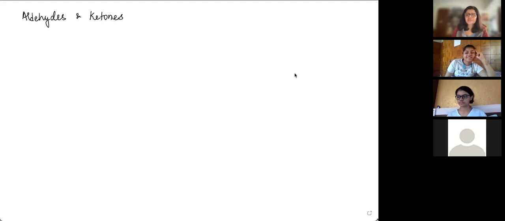So aldehydes, ketones, how do you define aldehydes, ketones? What functional group is this? It's a carbonyl group. So ketones is only a carbonyl group. Aldehydes is a carbonyl group plus a hydrogen. So when this group is at the end of the chain, ends with hydrogen, then it's an aldehyde.